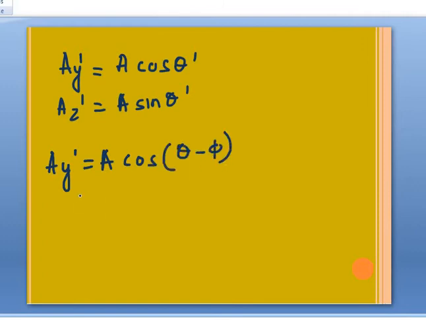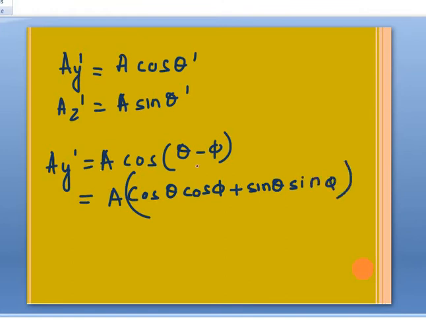Again, you know what cos of a minus b is. This will be A cos theta cos phi plus sin theta sin phi. That is, cos of a minus b is cos a cos b plus sin a sin b.